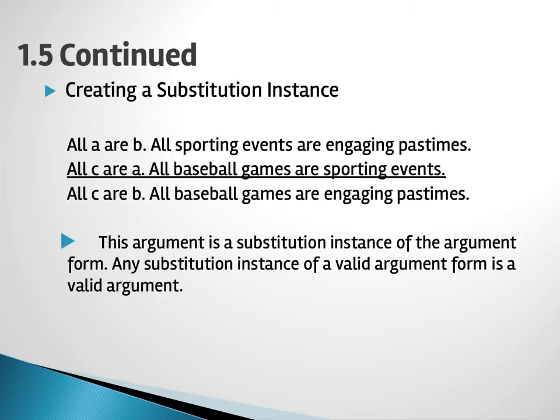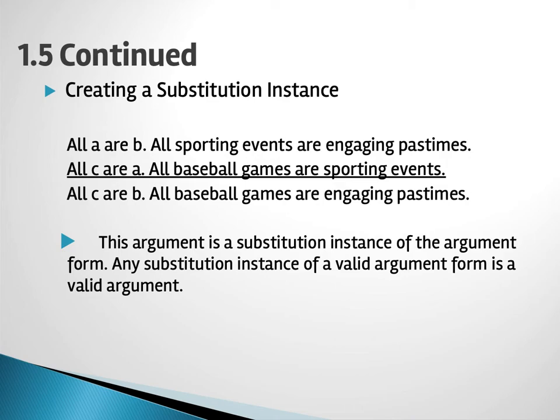Now, how do I know that an argument is invalid? Well, what we are doing here is creating a substitution instance. When we've given you all these examples, what I'm doing is substituting a category of things for each of the variables. So for instance, all A are B: in this example, all sporting events are engaging pastimes.